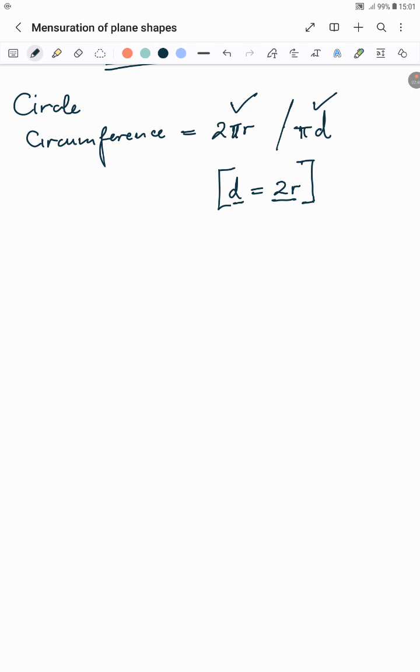So let's say we have a circle here, and we are told this circle has a radius of 14 centimeters, and you've been asked to find the circumference. The circumference will be equal to 2 times pi times r.